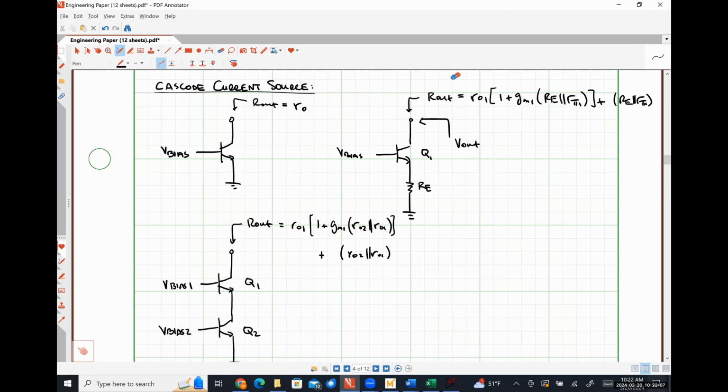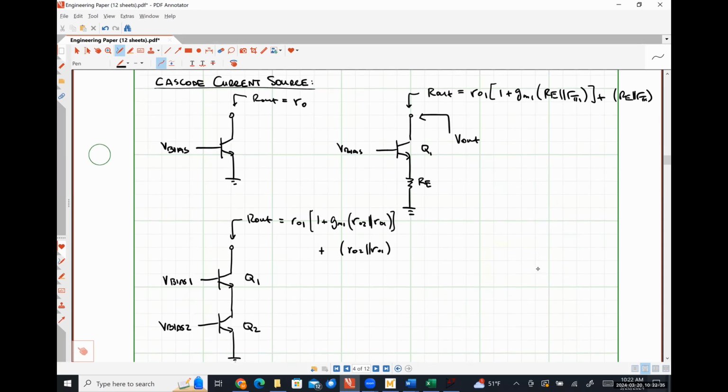So kiloohm size resistance. When we degenerate with a resistor, that's typically going to be somewhere in the ballpark of hundreds of kiloohms of resistance. Degenerating with a second transistor is actually going to put us in the megaohm ballpark range. So pretty significant boost in output resistance.